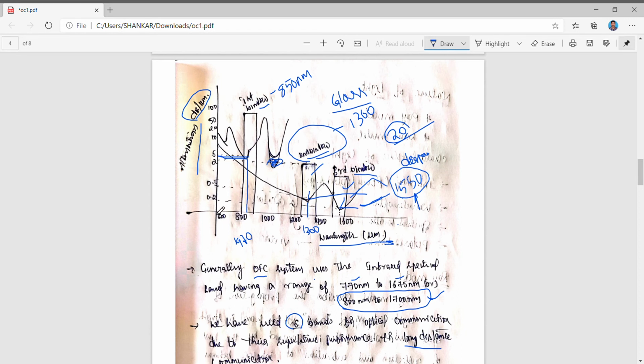In the range of 0 to 1200, in the earlier cases, the designers chose this bandwidth, and in this bandwidth the minimum attenuation is found. If the attenuation is low, we get the maximum signal. So at the 850 nanometer bandwidth they get the minimum attenuation level compared to all the other frequency bands.